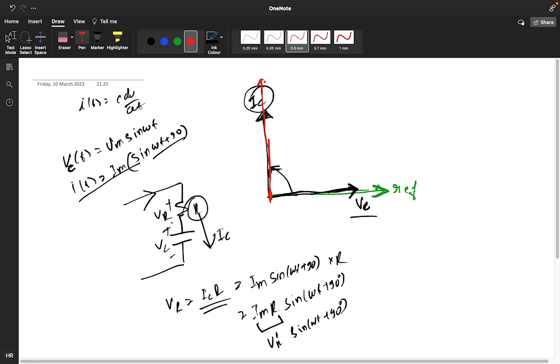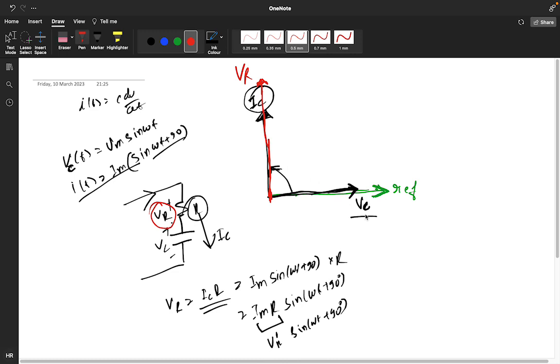I'm taking a higher point because it is multiplied by R, and I am assuming R is greater than 1. So you got the value of VR also.